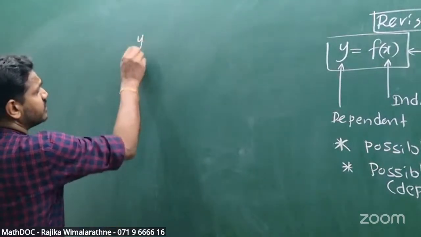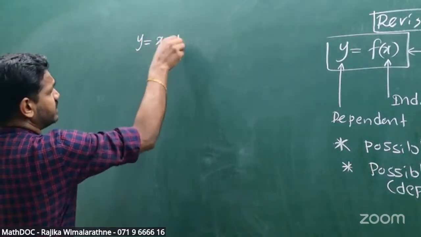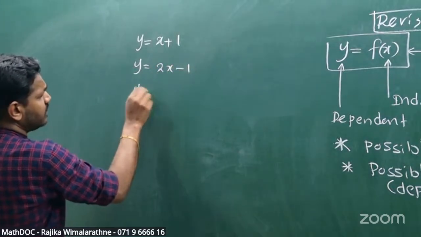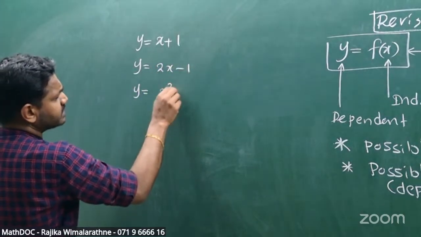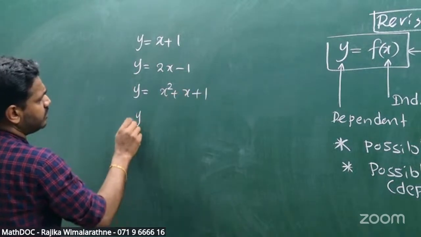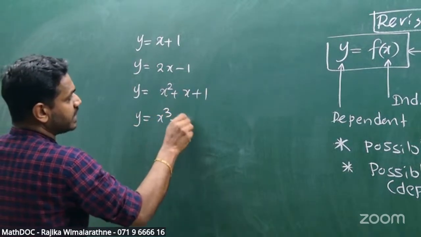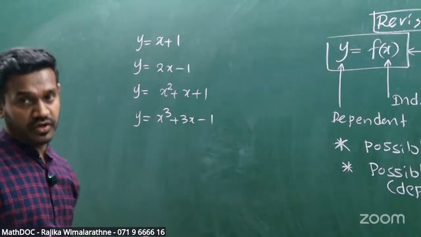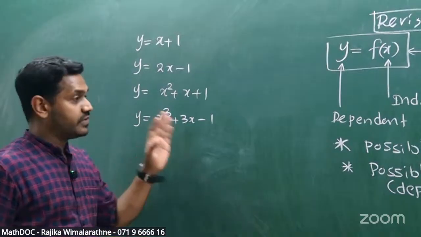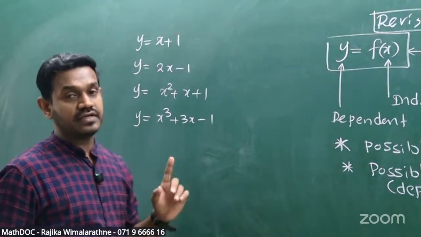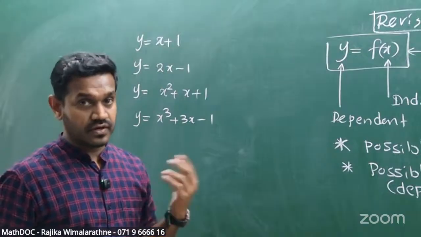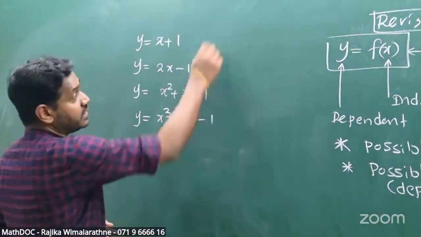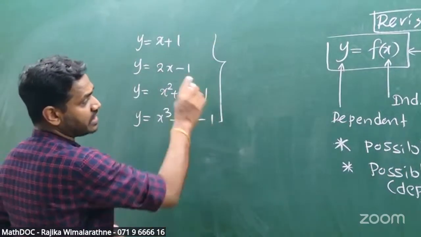We know polynomials, no? y equals x plus 1. y equals 2x minus 1. y equals x squared plus x plus 1. y equals x cubed plus 3x minus 1. All these are polynomials. When you consider a polynomial, we can't see any denominators, any square roots, or any logarithms. Therefore, here all x values are possible.